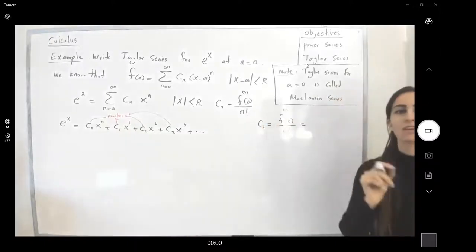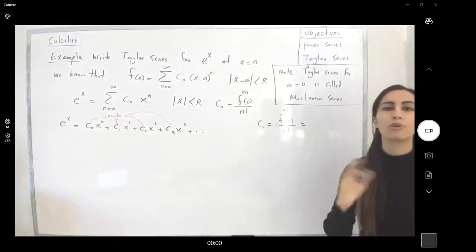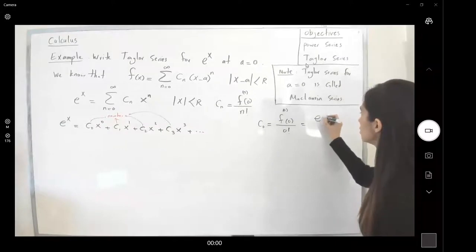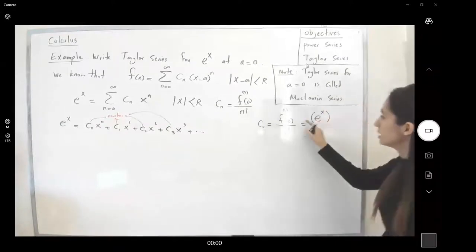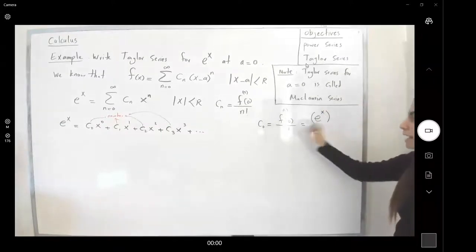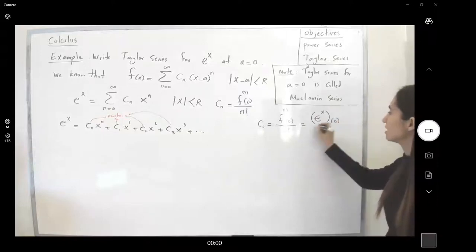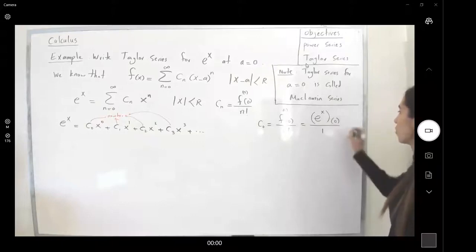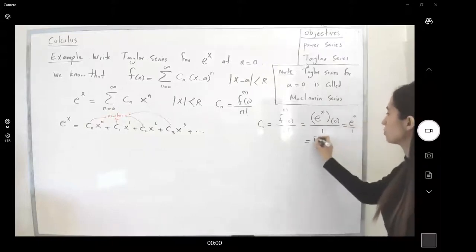The 0th derivative is the function itself, so this is actually e^x, evaluated at x = 0, divided by 0 factorial, which is just 1. You get e^0 divided by 1, which is equal to 1.